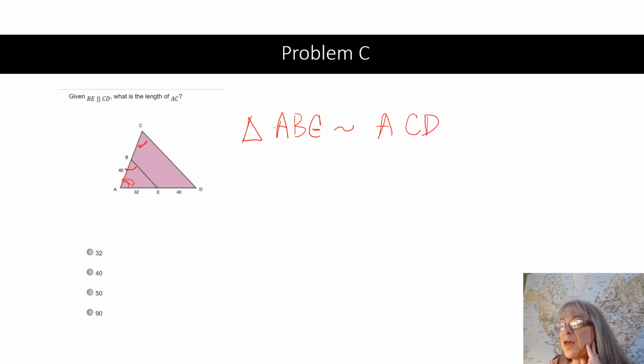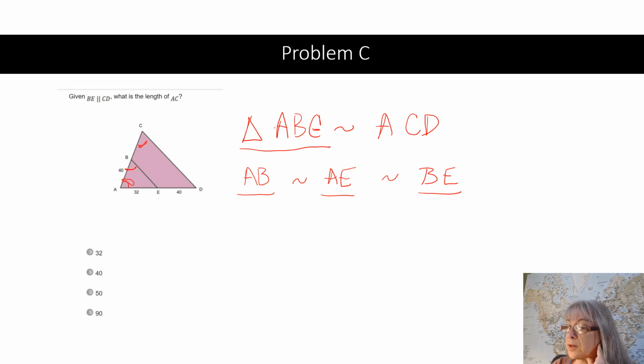All right, then I could find my ratios, right? So I always go AB is similar to AE, which is similar to BE. So now I've taken care of my first triangle, the first and the second, the first and the third, the second and the third. And then I do it over again with the next one.